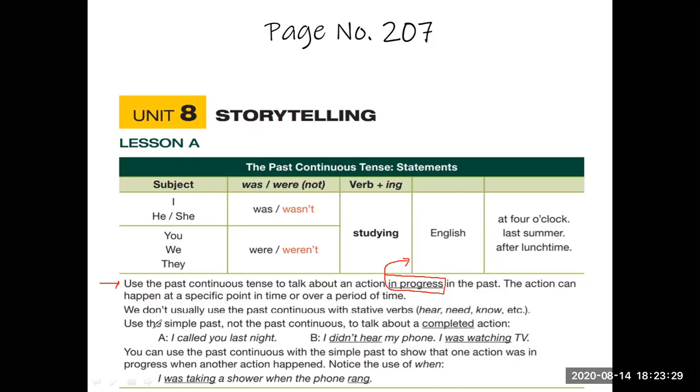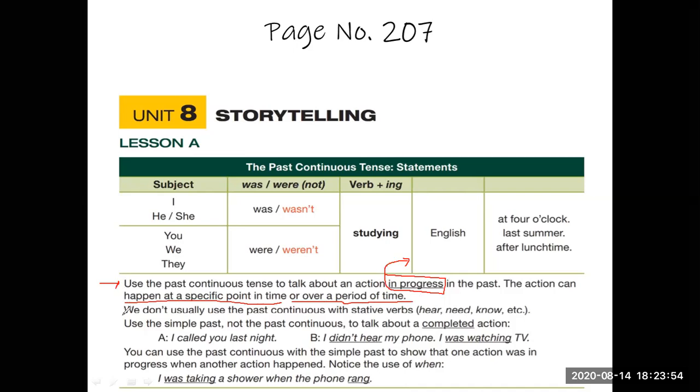The action can happen at a specific point in time or over a period of time. Another question I could ask is, what were you doing yesterday in the afternoon? The afternoon is a period of time. Well, yesterday in the afternoon, I was studying because I have a test. So in that period of time, you were studying.